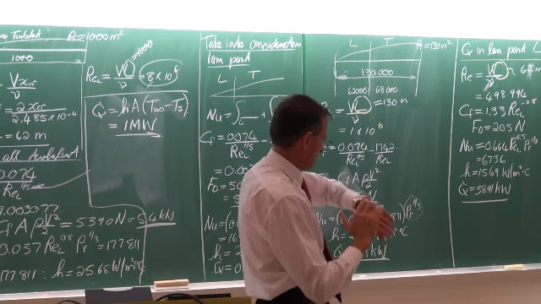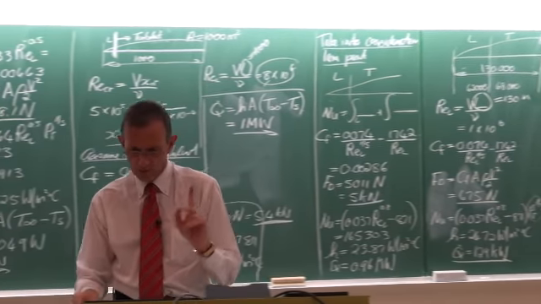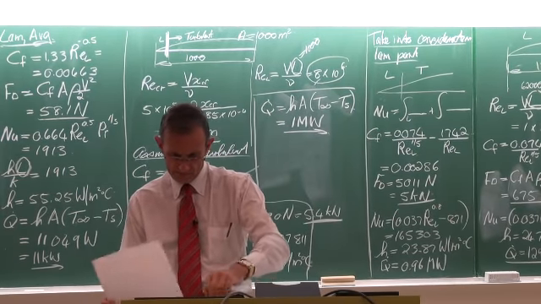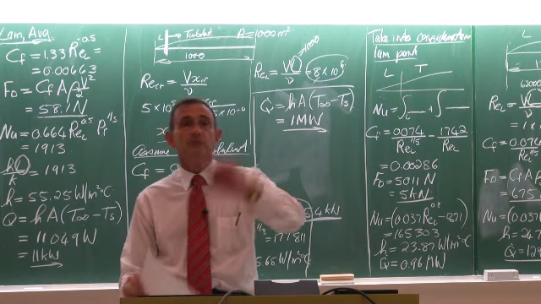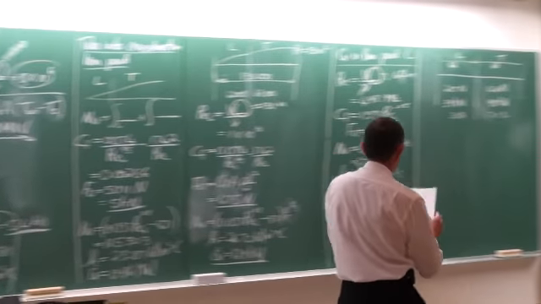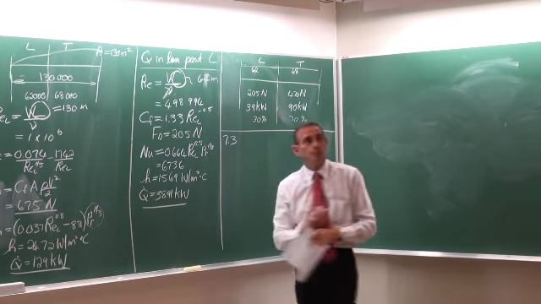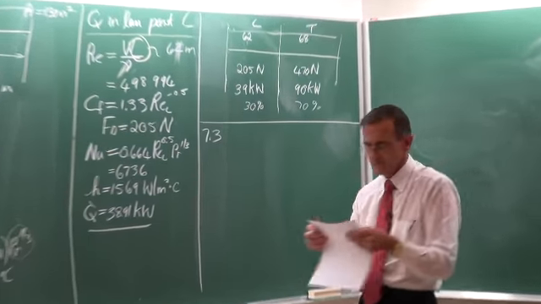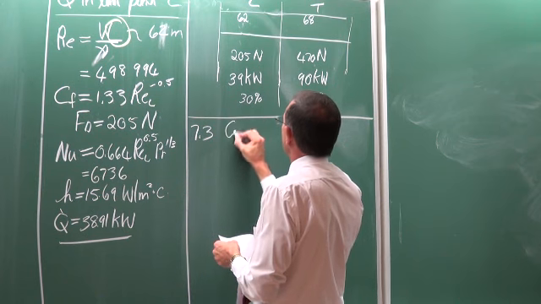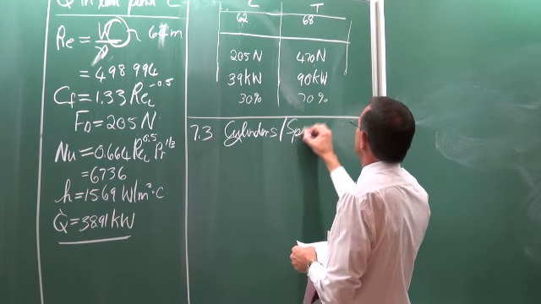Okay, I still have 5 minutes and I can still finish paragraph 7.3. Paragraph 7.3 is about flow around cylinders and spheres.